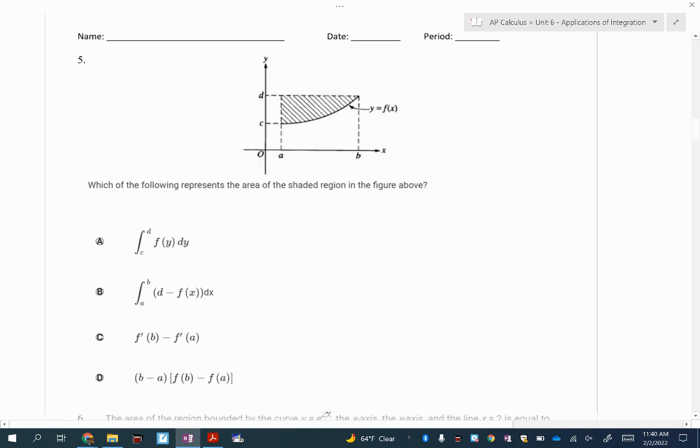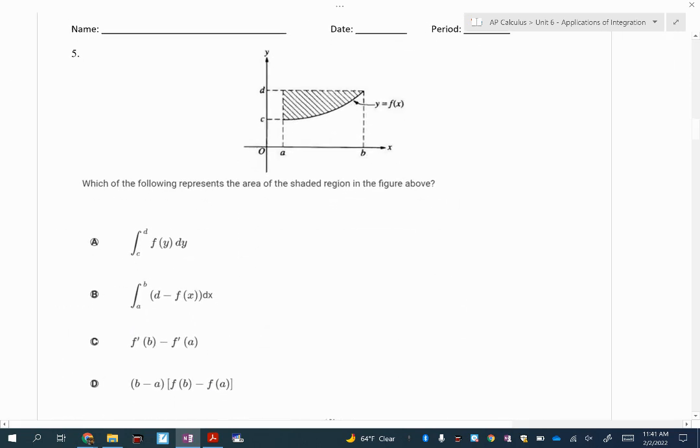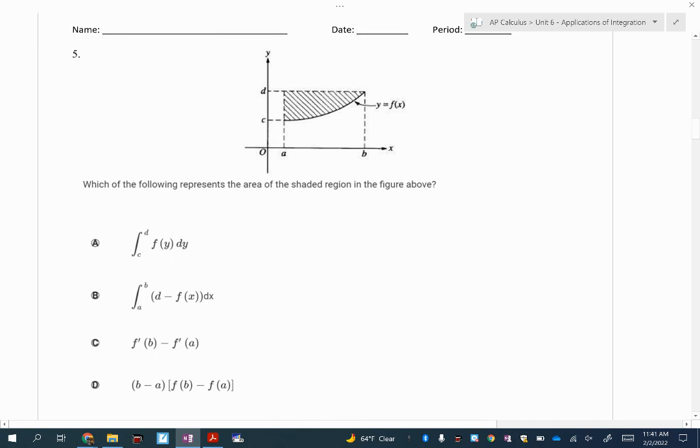All right, another one of these where it's asking you to just pick what would represent this. And it says, which of the following represents the area of the shaded region in the figure above? All right, and if I look at this, there's kind of two ways to look at it. You look at it in terms of the x-axis to the y-axis, but the reason I can't choose the x-axis or the y-axis is because I have that gap in between there.